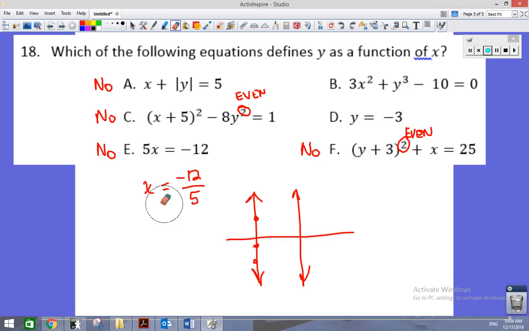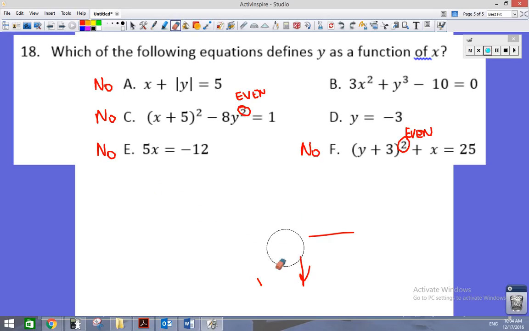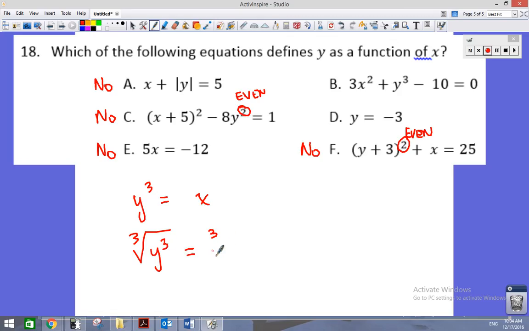All right. Now, when we go to look at b over here, if we have any odd exponent like y cubed equaling x, if you go to take a cube root of both sides, since it's an odd root, you do not have to introduce a plus or minus symbol, and we just have y is equal to the cube root of x. We have a function in our library of functions that's even called the cube root function, and it looks something like that.